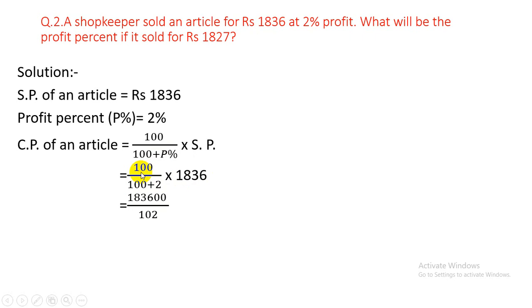This is 100 into 1836, equal to 1,83,600 divided by 112, is equal to Rs 1800. It means CP of the article is 1800.